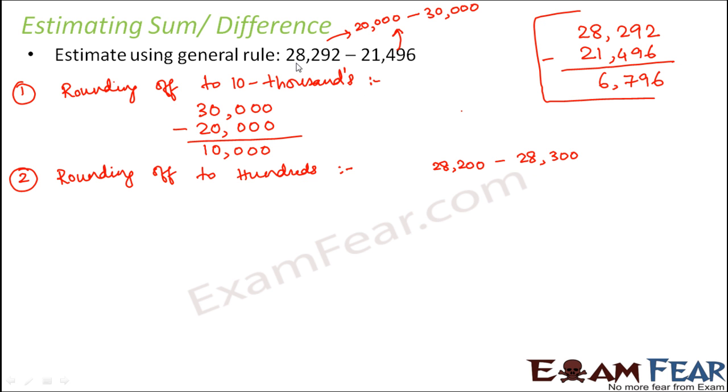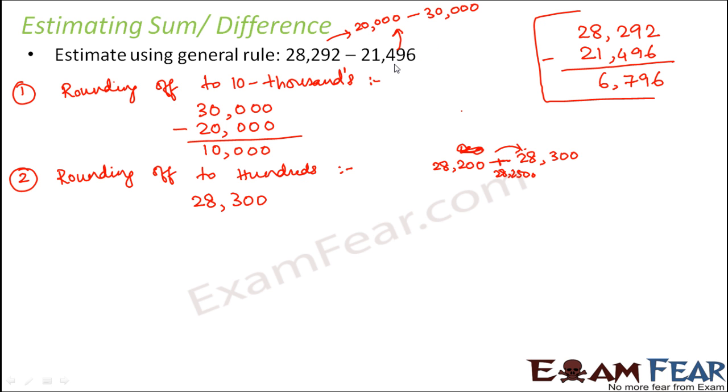So this is the range, and 28,292 will be closer to 28,300, because the midpoint between these two would be 28,250, and 292 is beyond that. So you can write it as 28,300.